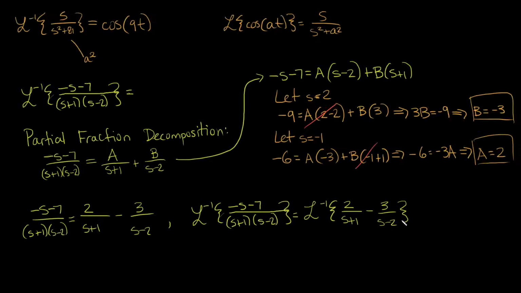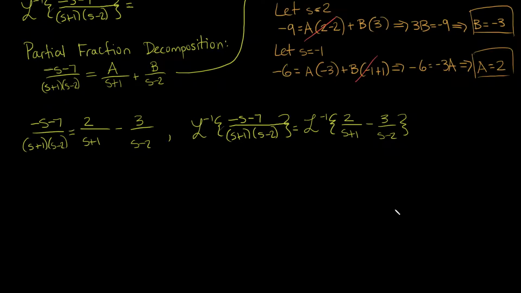And now, if we break this apart by our properties of linearity, we're going to get that this equals 2 times the inverse Laplace transform of 1 divided by s plus 1, minus 3 times the inverse Laplace transform of 1 over s minus 2.